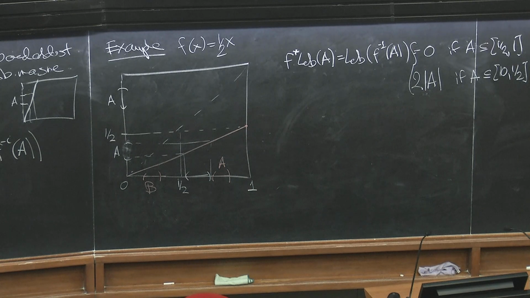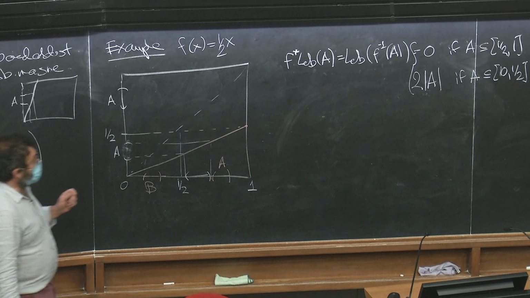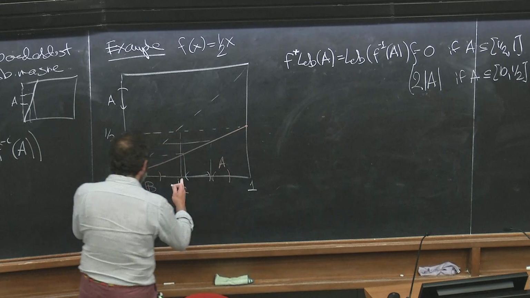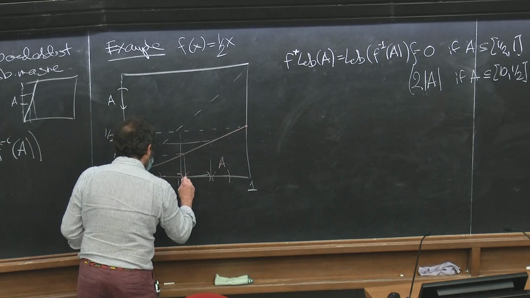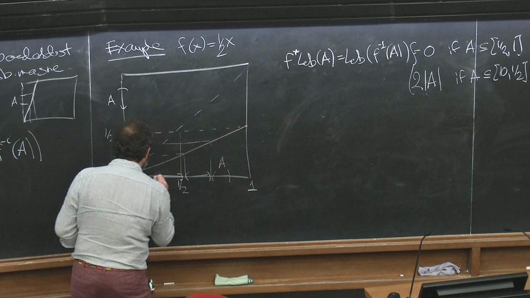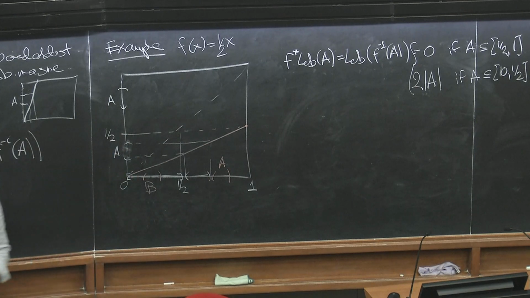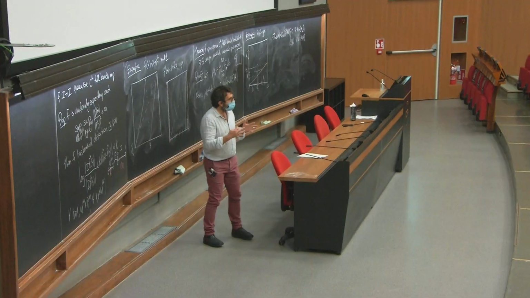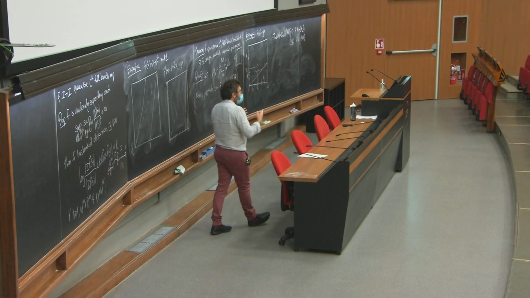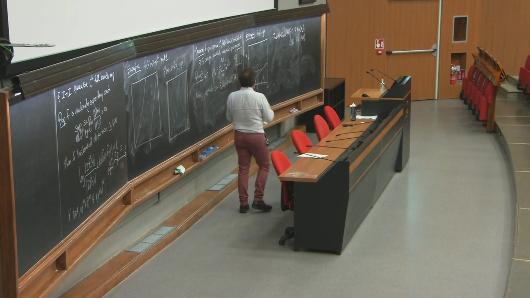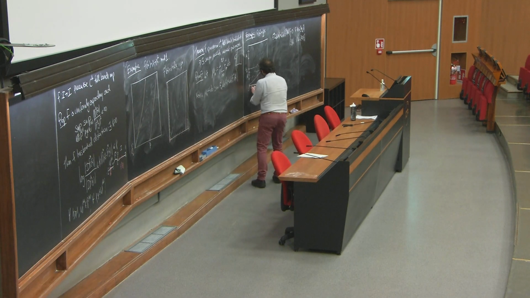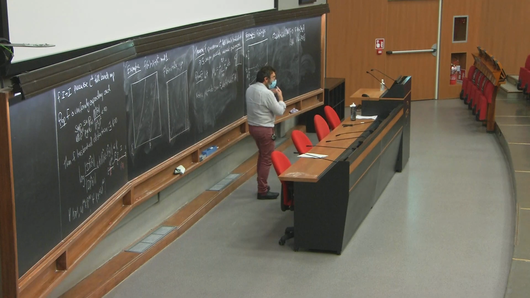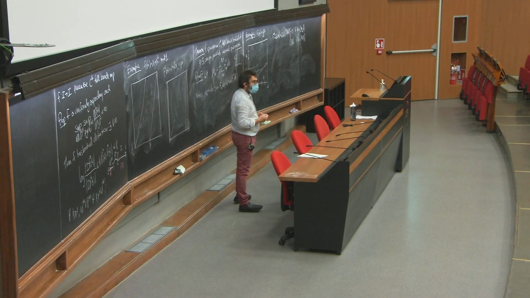Yes? So this means that this measure, f star of Lebesgue, is living on the interval 0, 1/2. It only gives positive measure to the interval 0, 1/2. And it's a kind of renormalized Lebesgue measure: every set for that measure has a measure twice what its Lebesgue measure is.